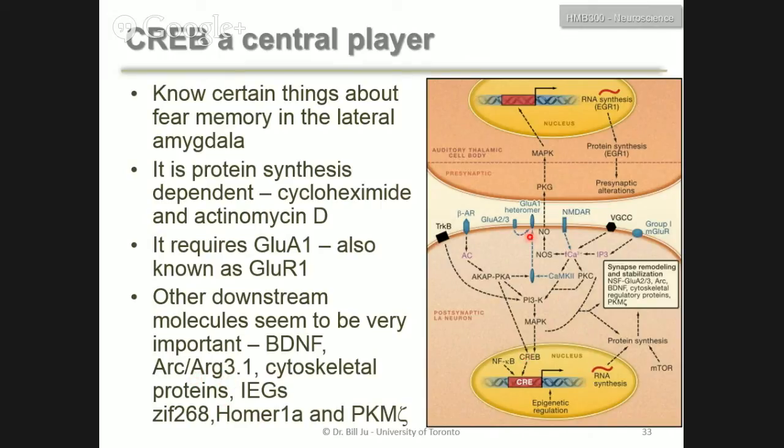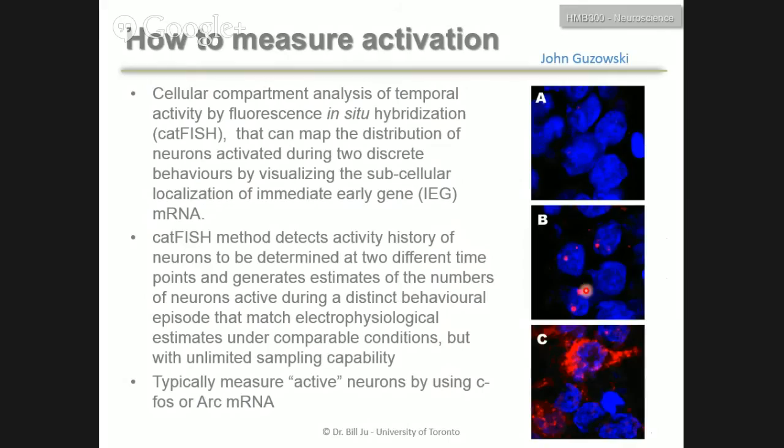When this neuron becomes activated in the lateral amygdala, or you could look, for example, in the hippocampus, the levels of ARC go up. ARC is here in red, or pink, depending on how you're seeing it. Do you see a lot of ARC under this condition? Is there a lot of ARC fluorescence? So there isn't very much ARC fluorescence here at all.